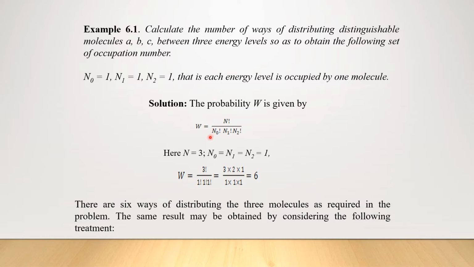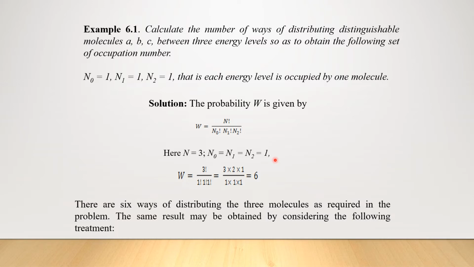So that is calculated by the formula of probability, that is W is equal to factorial N divided by N0 factorial into N1 factorial into N2 factorial. Now where the total number of molecules N is equal to 3, N0 is equal to N1 is equal to N2 is equal to 1.